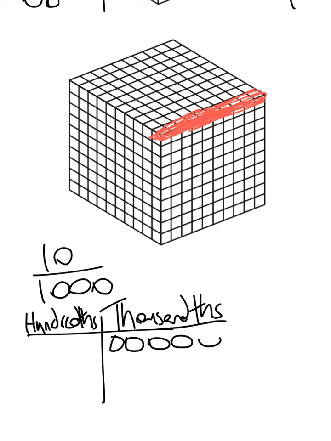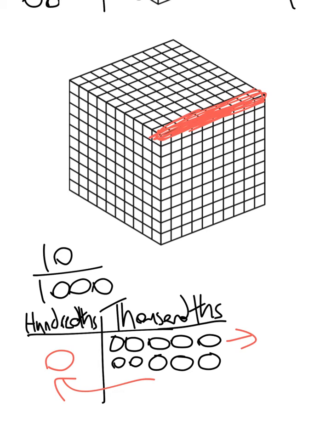1, 2, 3, 4, 5, 6, 7, 8, 9, 10. If I have 10 circles or chips or cubes or whatever you want to call it in your thousandths place, it's the same as having what? So saying 10 out of 1,000 is the same as saying 100ths, because once you have 10 chips in your thousandths place, you can go ahead and just make that 1 in your hundredths place.